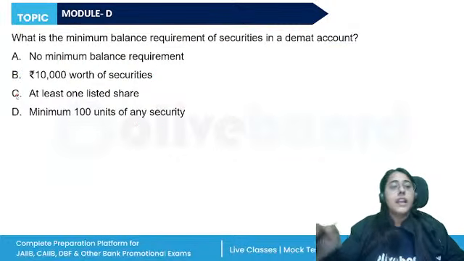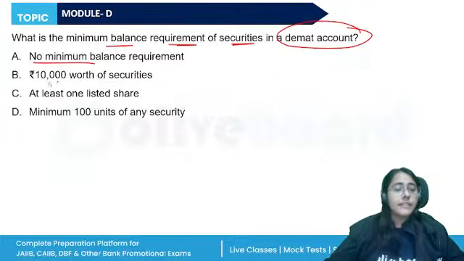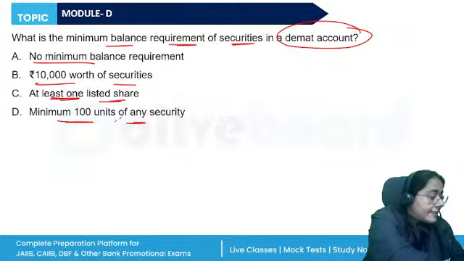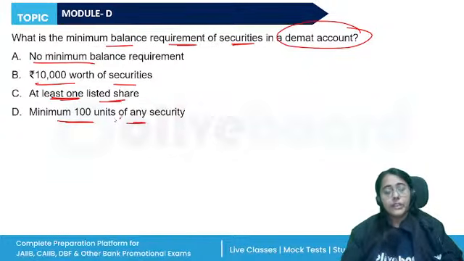What is the minimum balance requirement for securities in a demat account? No minimum balance. 10,000 rupees worth of securities. At least one listed share should be there. Minimum 100 units of any security should be there.